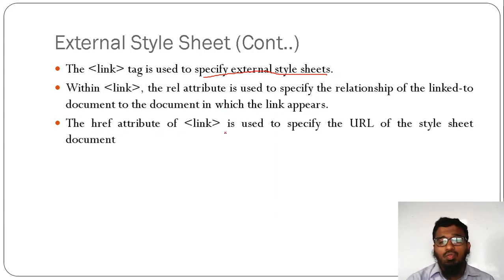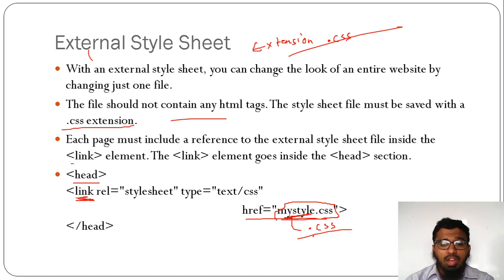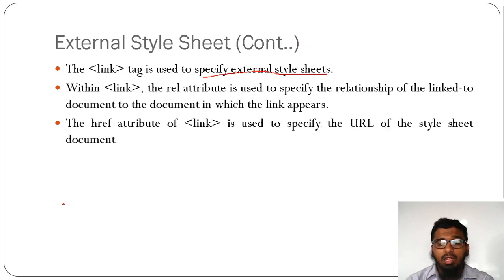The href attribute of link is used to specify the URL of the style sheet document. So whatever we are using here, rel and href and link, there are three things: the link tag, the relation attribute, and the href attribute. So this is about the external.